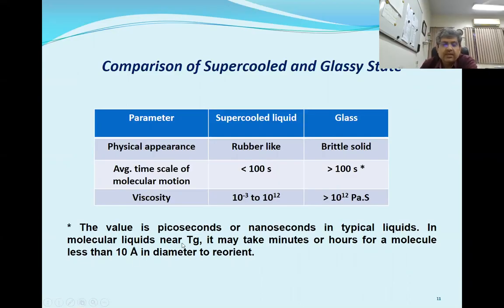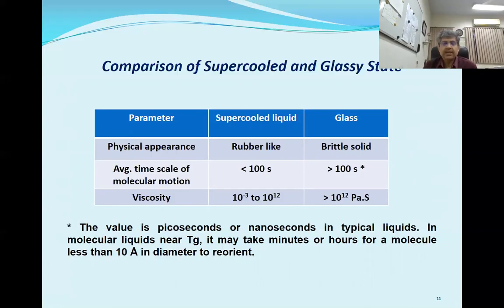In molecular liquids near TG, it may take minutes or hours for a molecule less than 10 angstrom in diameter to reorient. What we mean by average time scale of molecular motion is the average time taken by a molecule to move from one place to another in terms of dimensions equivalent to the molecular size.